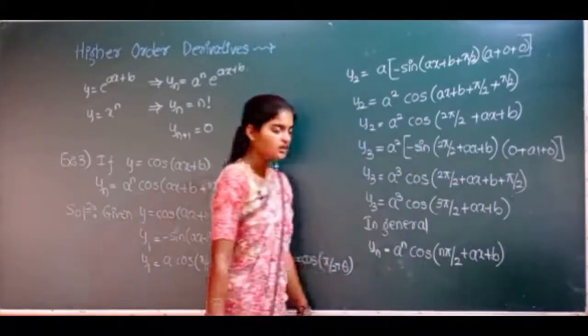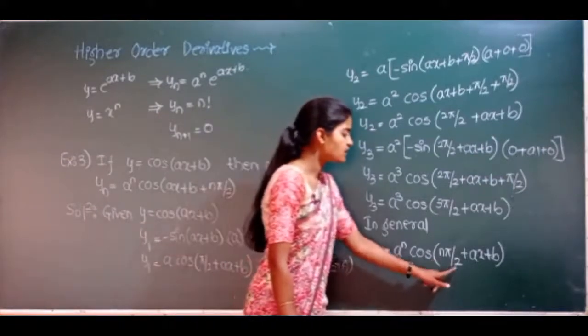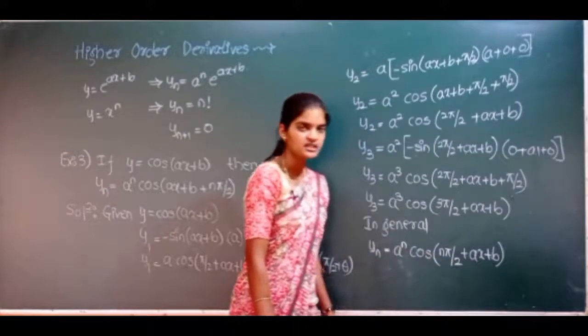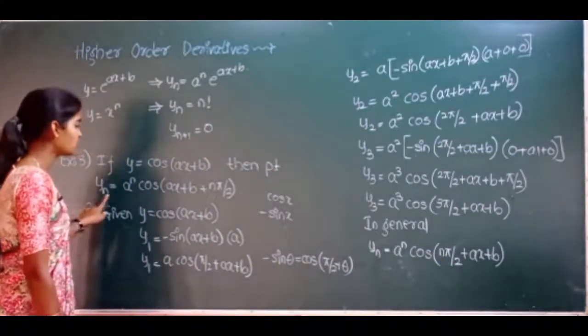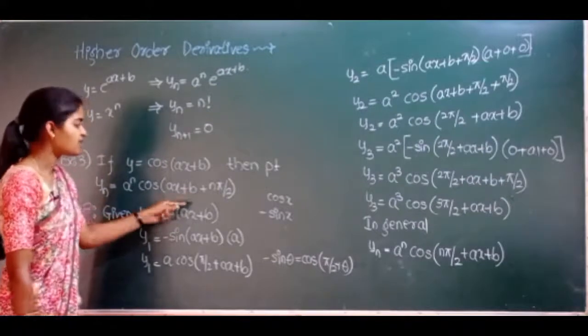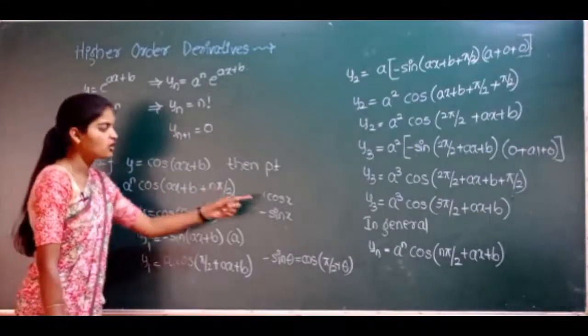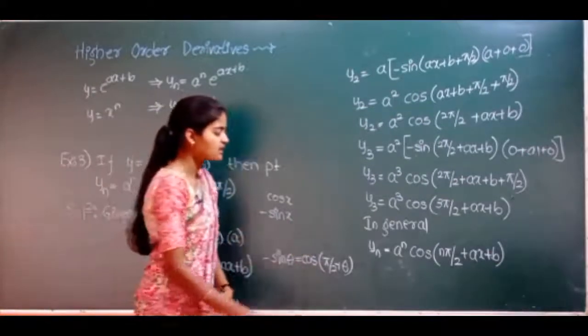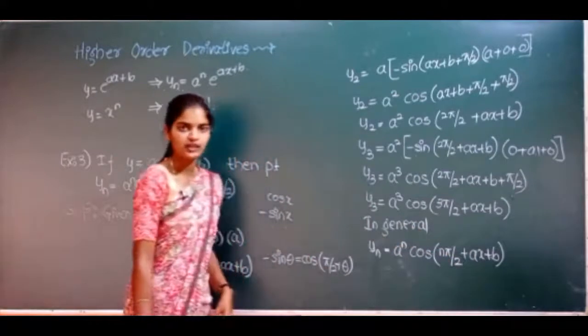Yes, in general yn is a raised to n cos(n pi/2 + ax + b). That is our answer, yn is equal to this term. Here I have taken ax + b + n pi/2, or you can also write a raised to n cos(ax + b + n pi/2).